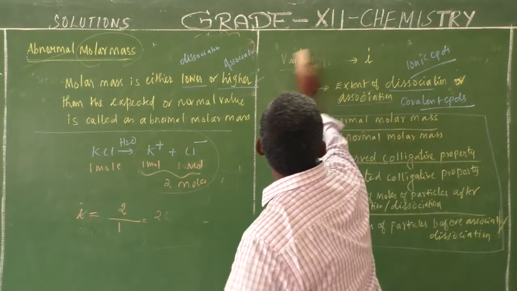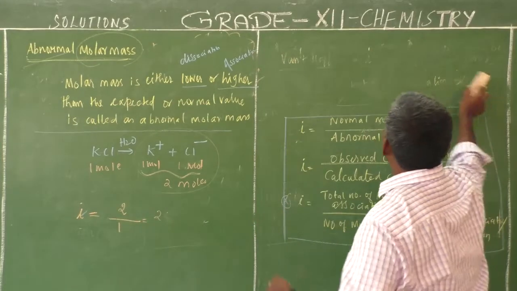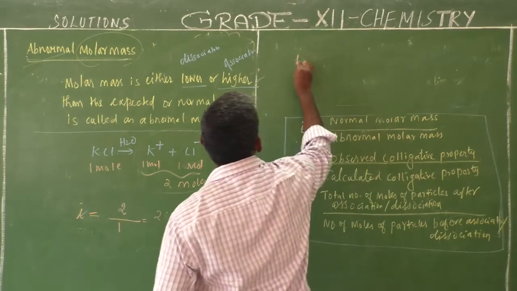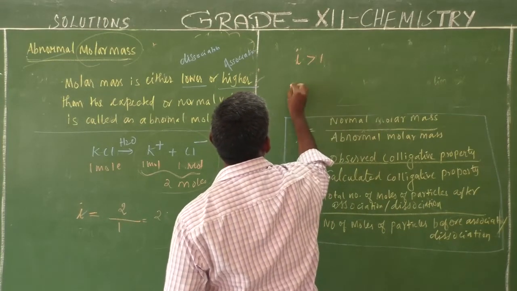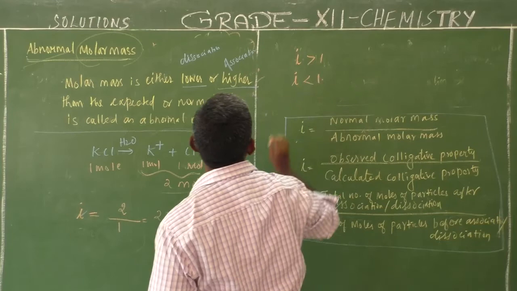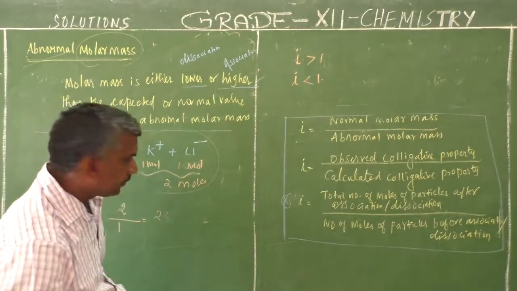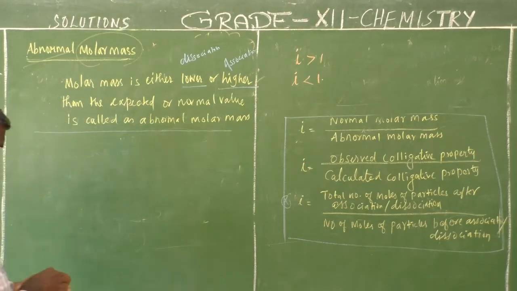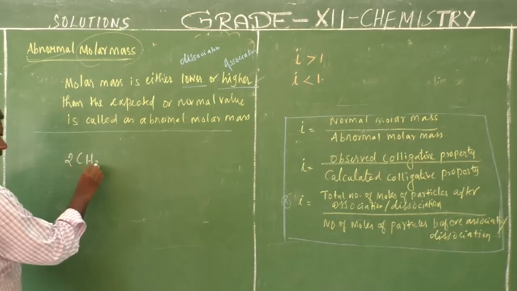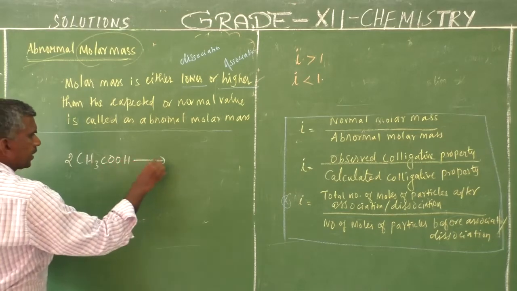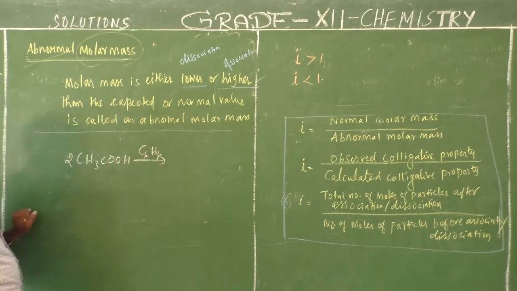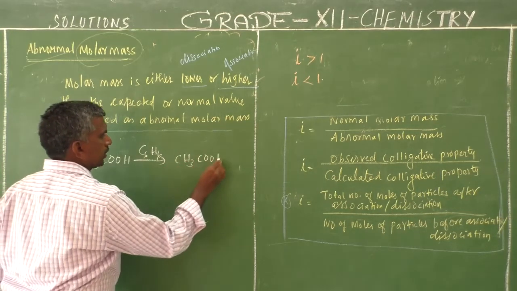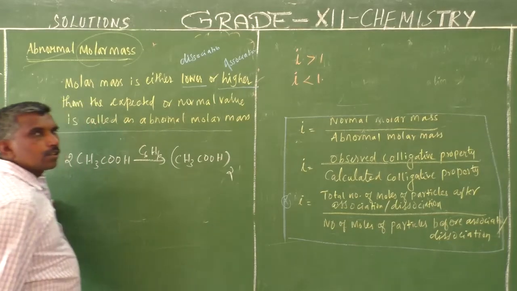It's very important. The van't Hoff factor i can be greater than 1 or less than 1. For less than 1, the example is acetic acid. 2 molecules of acetic acid dissolved in benzene, a non-ionic solvent, undergo association through hydrogen bonding.